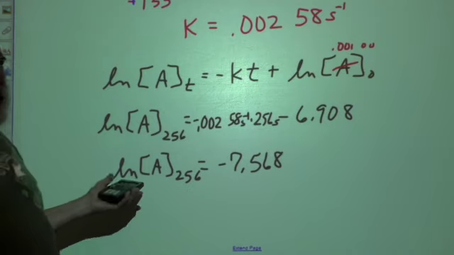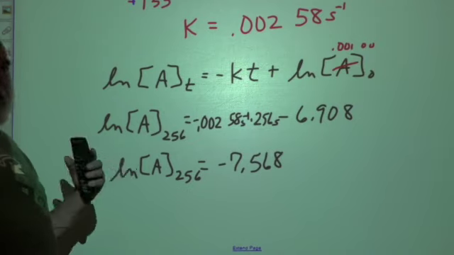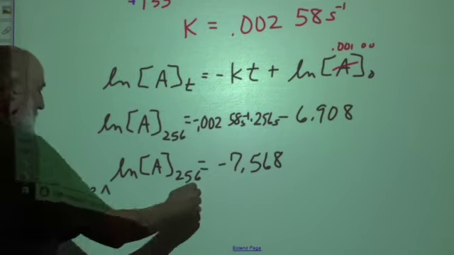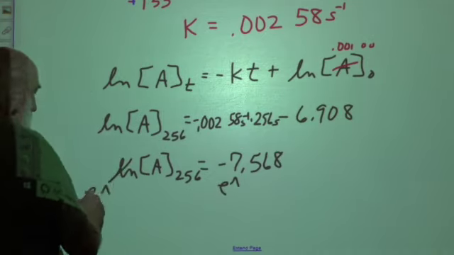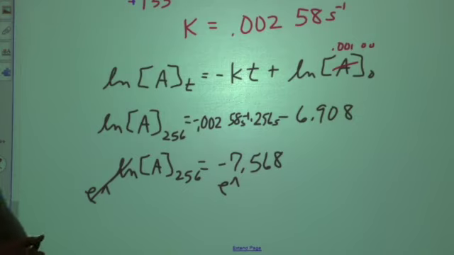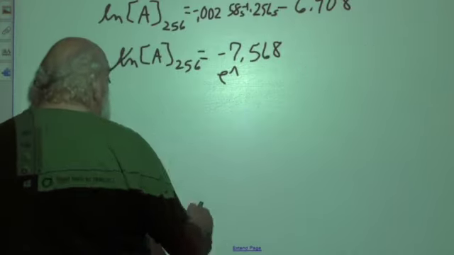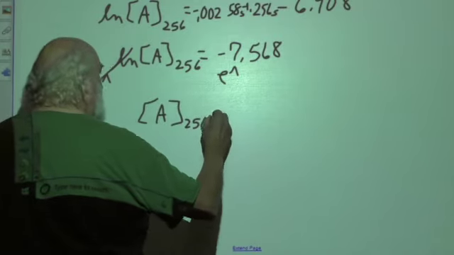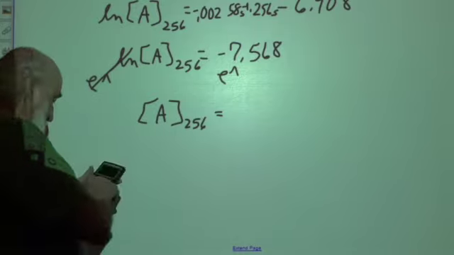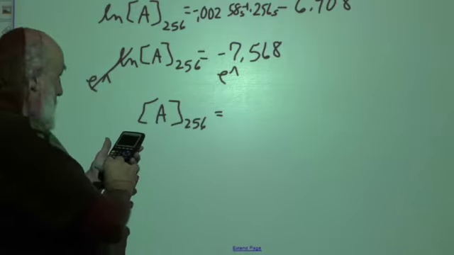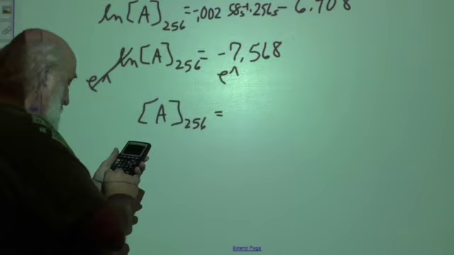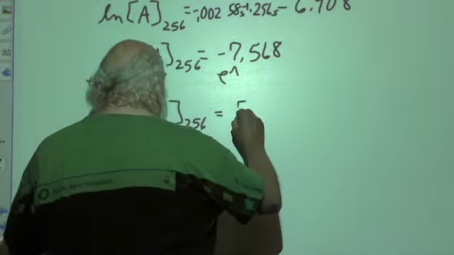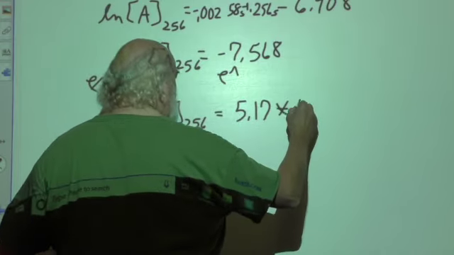Again, I have natural log and not log, so I've got to get rid of the logarithm. If I take e to the power of both sides, it does get rid of my logarithm, because a logarithm is an exponent. And so the concentration of A at 256 seconds is e to the negative 7.568, and we have 5.17 times 10 to the -4.